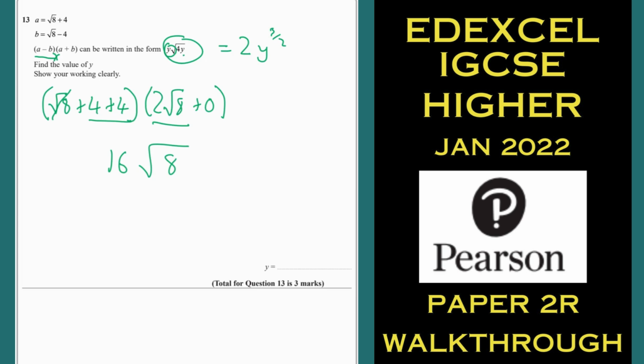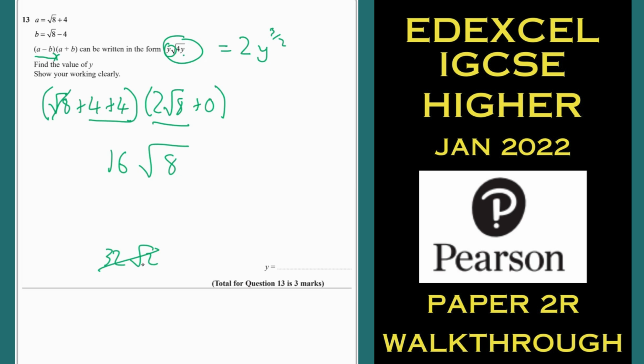So you could try and do that. I just did a little bit of trial and error. If you stick 16 root 8 in your calc, hit equals, it will spit out 32 root 2. That doesn't help. It's not the answer, but it does mean you need to look elsewhere.